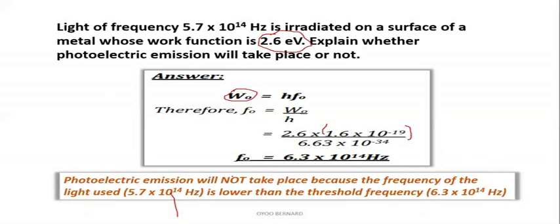No. Photoelectric emission will not take place because the frequency of the light used, 5.7 times 10 raised to 14 hertz, is lower than the threshold frequency. The threshold frequency from our calculation is 6.3, so in that case, no photoelectric emission will occur.